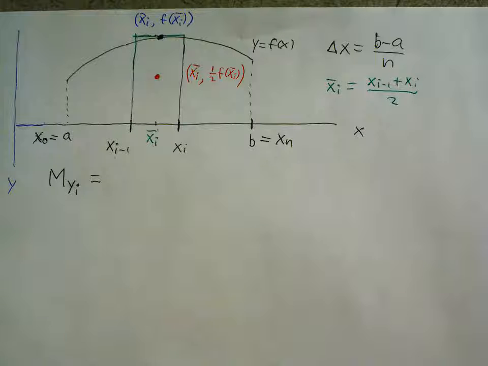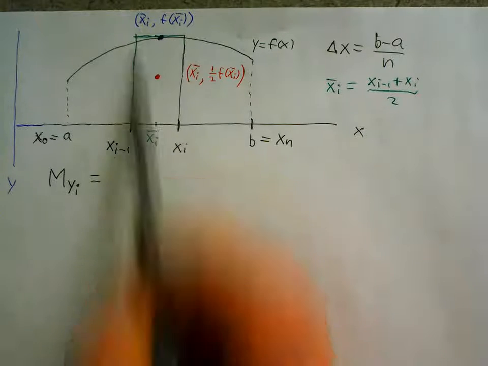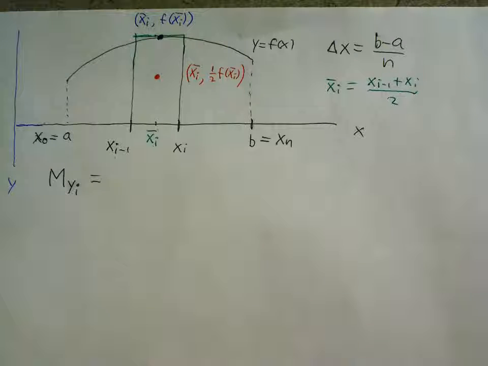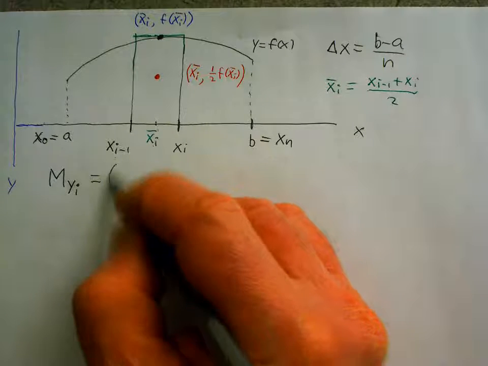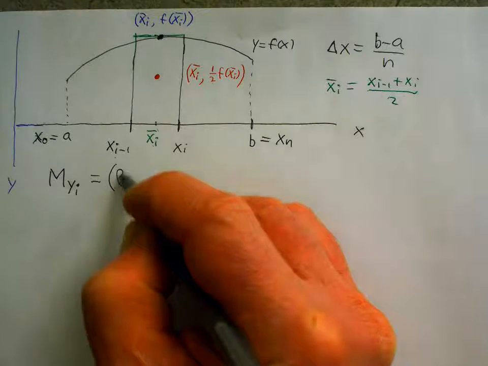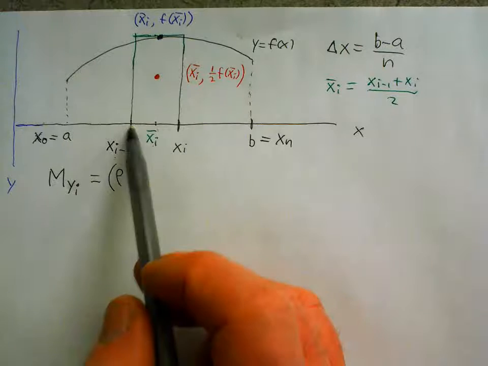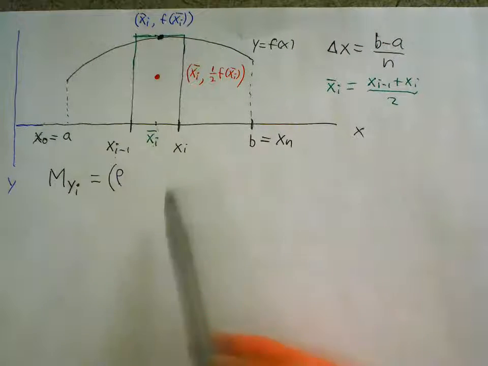So rho times whatever the area of that rectangle is the mass.